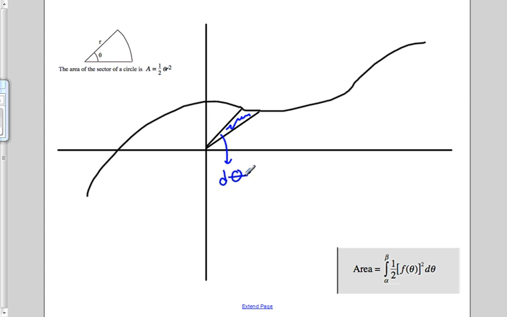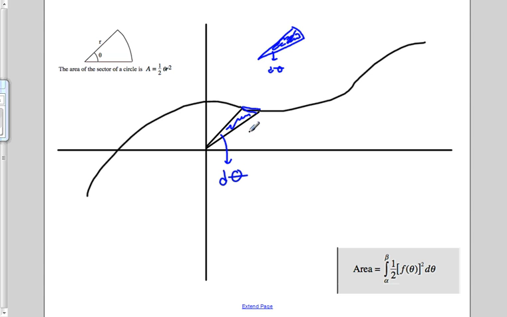It's a very small change, and as long as it's a very small change in theta, even though this doesn't look totally circular here, it'll be approximated as a circle. So when we have some little change d theta, it's sweeping out a sector, and we can find that area of the sector.